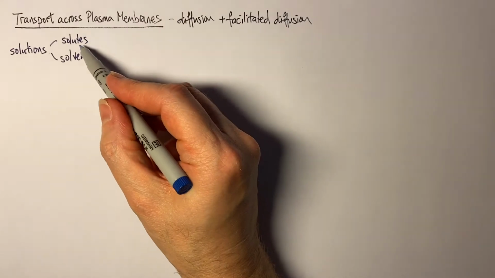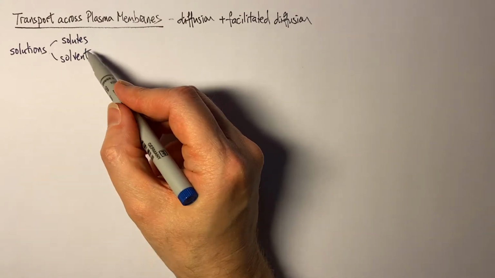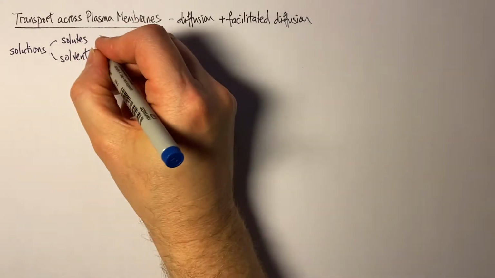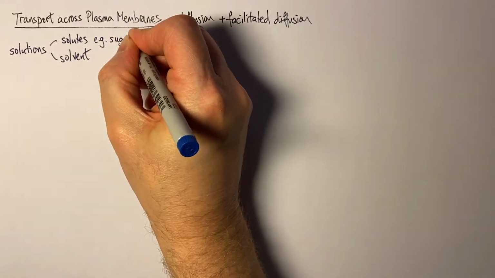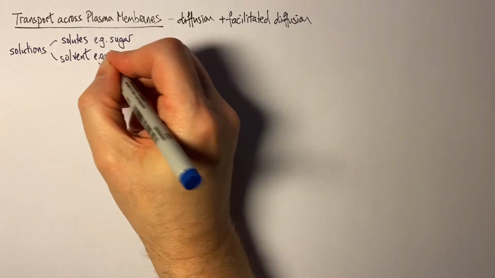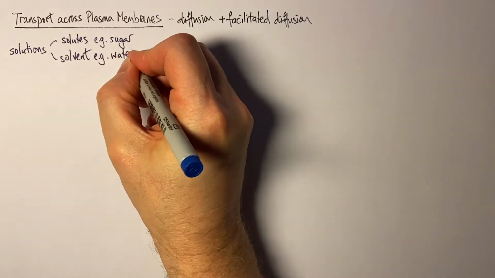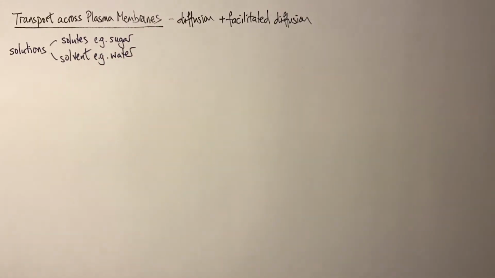Solutes are substances that are dissolved in a solvent. An example is sugar dissolved in water.